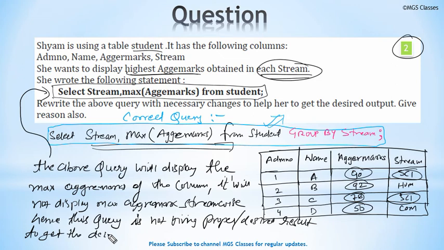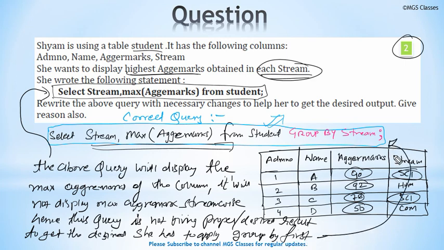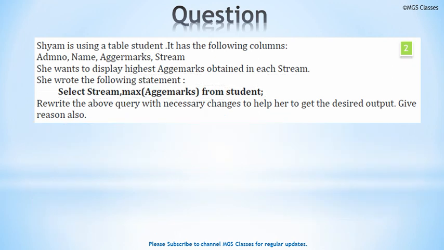To get the desired result, she has to apply group by first, and then you will write this query. The correct query is given below. So this will give you the complete justification and the correct query also. 1 mark for the correct query, 1 mark for this justification. That way you can easily get 2 out of 2.